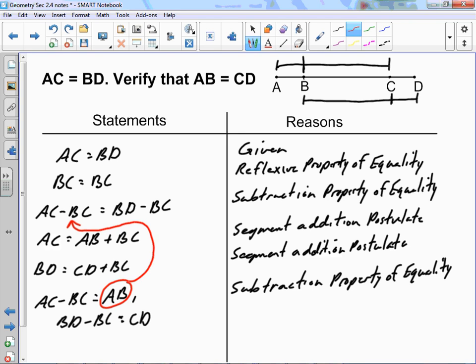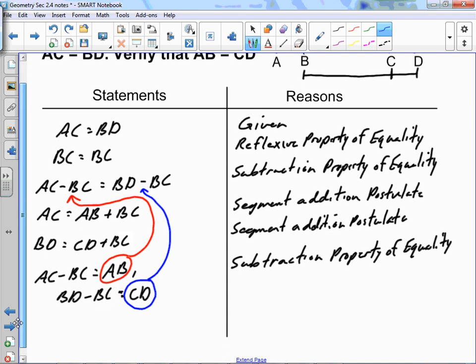And likewise, I can take CD, since it's equal to BD minus BC, and set it in right there on that side of the equation. So I can put both of those into a new equation that's going to say that AB equals CD. And what we were doing is substituting, so that was the substitution property.